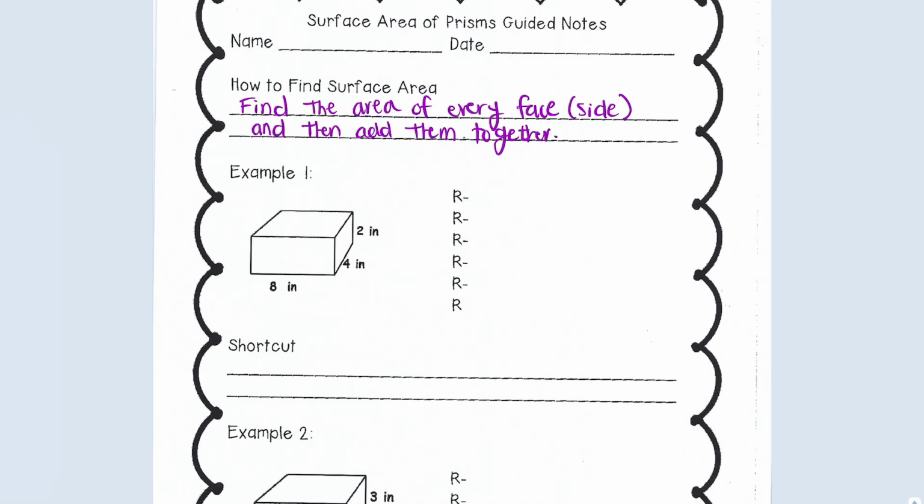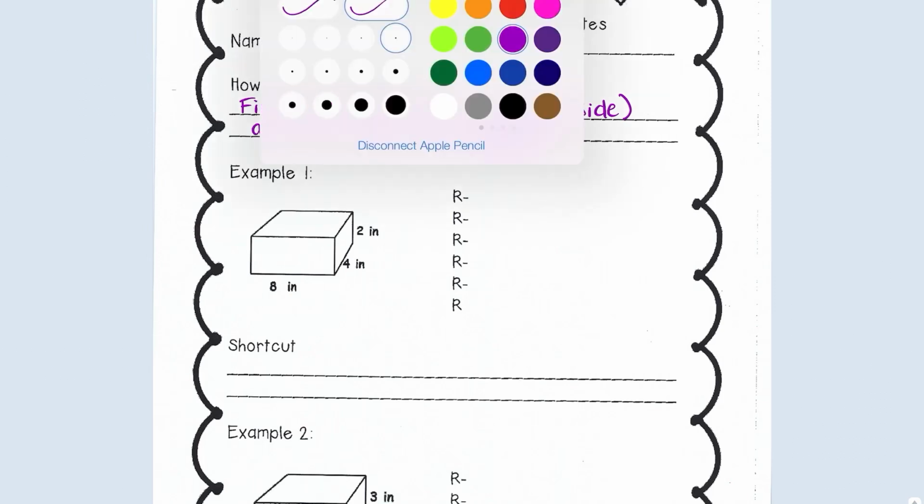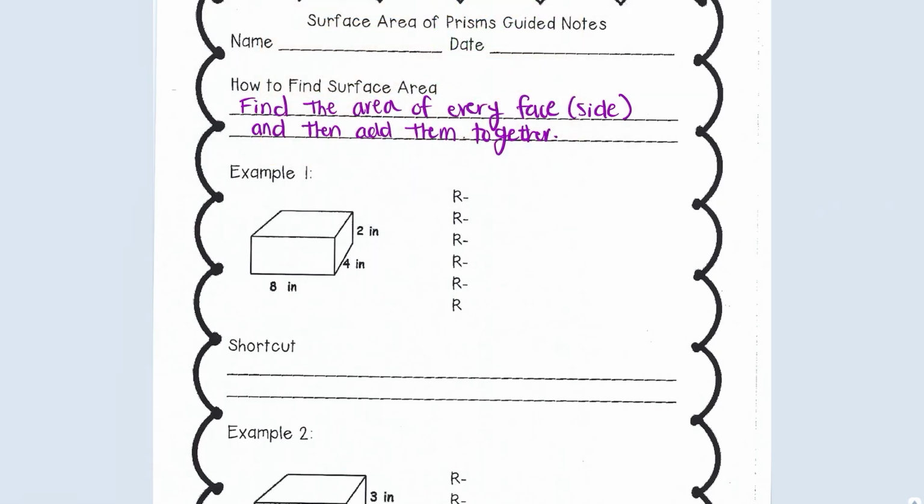So example 1. Here I have this three-dimensional figure. In mathematical terms, we call it a rectangular prism. But you guys might know the more common term. It's a box, right? So the first thing you need to ask yourself is how many faces or how many sides does this box have?